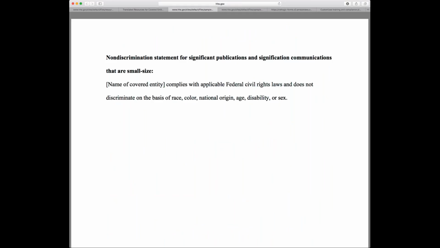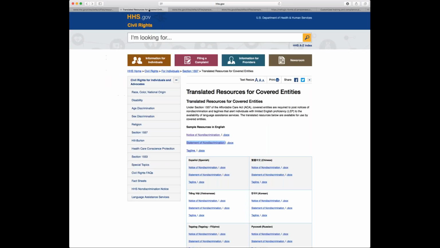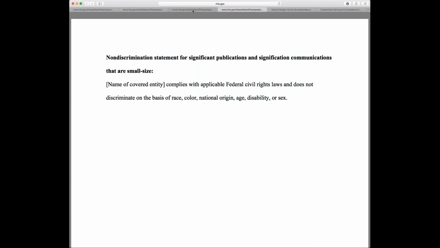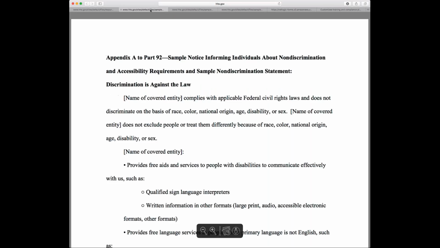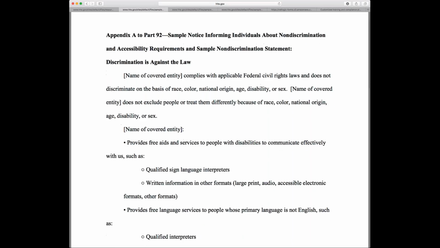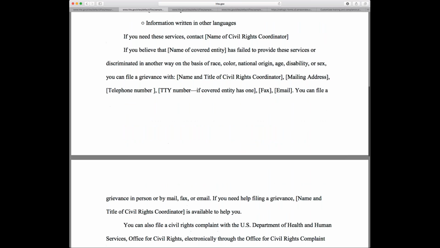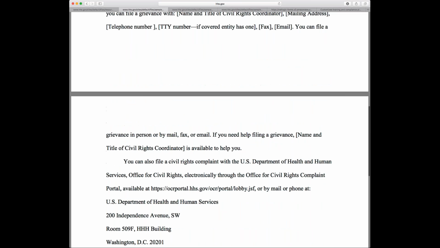So there is not necessarily any liberties with regards to the notice of non-discrimination. The notice has specific requirements, and the notice of non-discrimination contains information that's required. So this is individual language that's part of that notice.